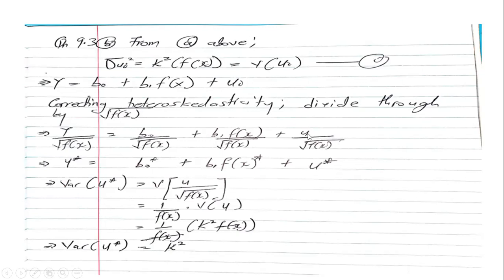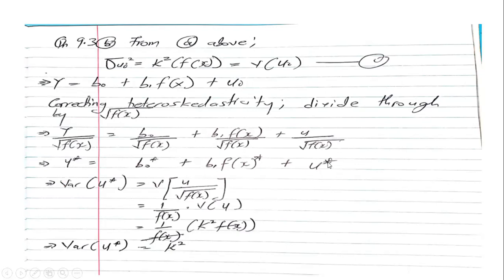So I just represented y on root of fx to be equal to y star, beta naught on root of fx to be equal to beta naught star, beta 1 fx on root of fx to be equal to beta 1 fx star, plus u on root of fx, which I just represented to be equal to u star.